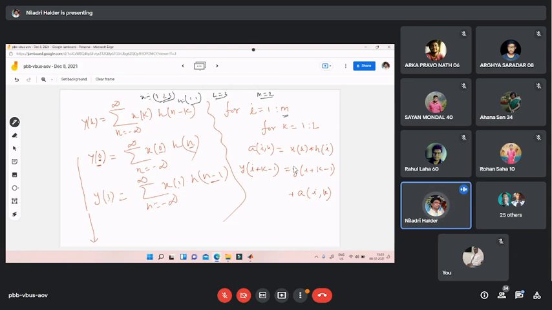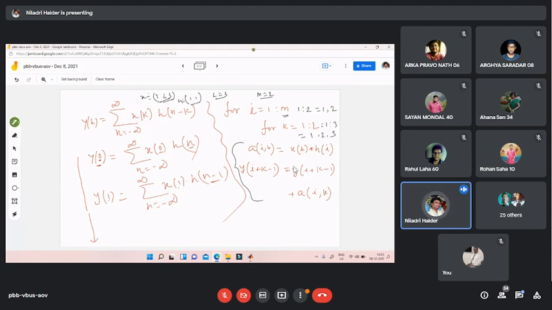So obviously in that for loop, I equal to 1 to m, means I equal to 1 to 2, so the value will be 1 and 2. K equal to 1 to l means 1 to 3, so the value will be 1 2 3. Whatever operation happens here, the values will be taken like that.